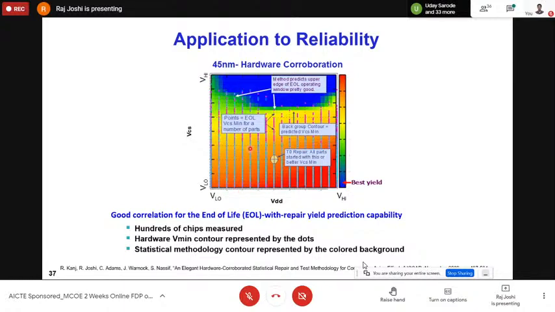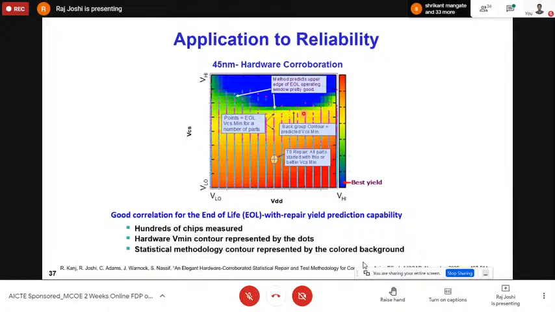So thousands of chips were generated, or measurements were generated like this, and it was observed that the predicted values, look at these values, predicted here, these points, they fall in this category, and there is a good corroboration with the hardware measurement as well as simulations.